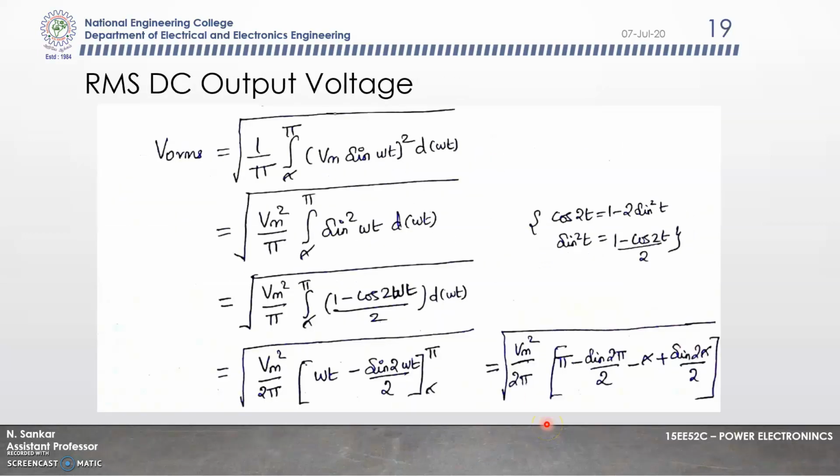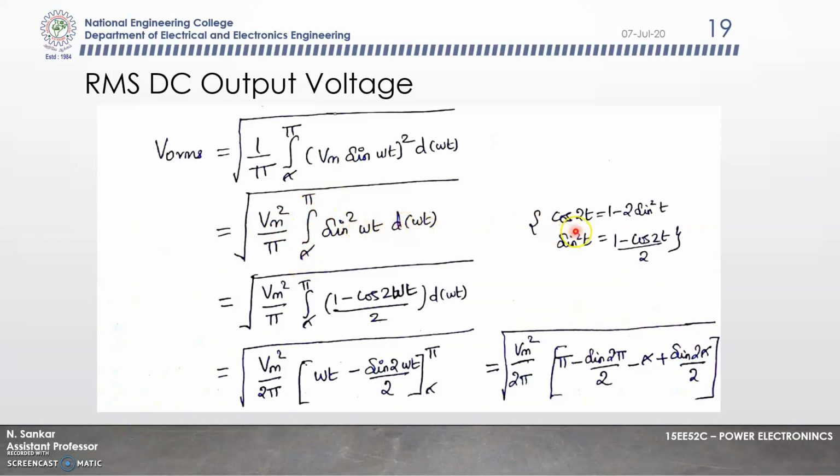But here we concentrate on the area occupied by the square of the waveform. So we represent it as the square root of 1 by pi integral alpha to pi of Vm sin omega t whole square d omega t. Here Vm square is a constant, so we can take it out of the integral. So Vm square by pi, integral alpha to pi of sin square omega t d omega t.